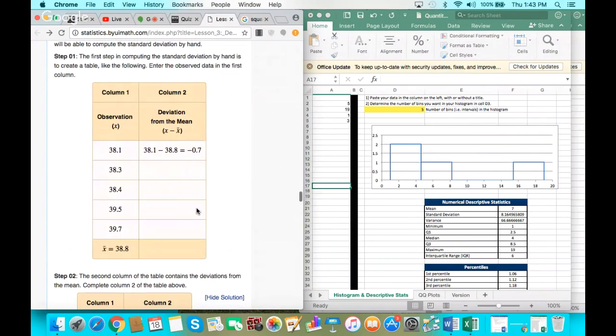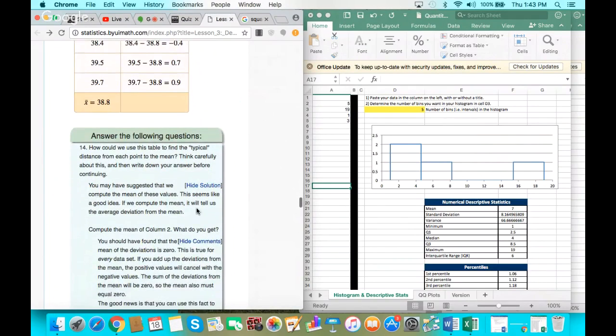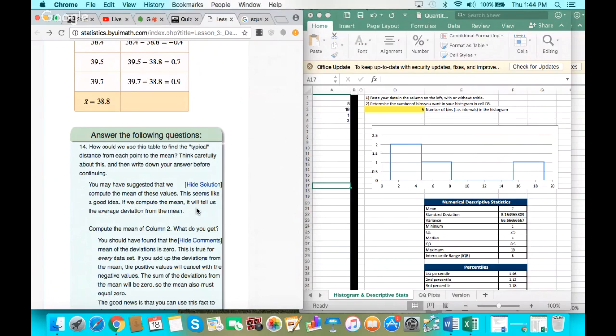So that's -2. 19 minus 7, 12. 1 minus 7, -6. 3 minus 7, -4. So we have all of column 2, which is deviation from the mean. And that's when we get the sum of 0, right?